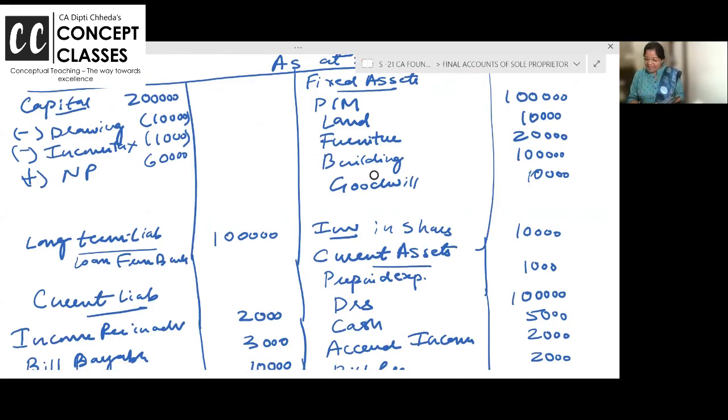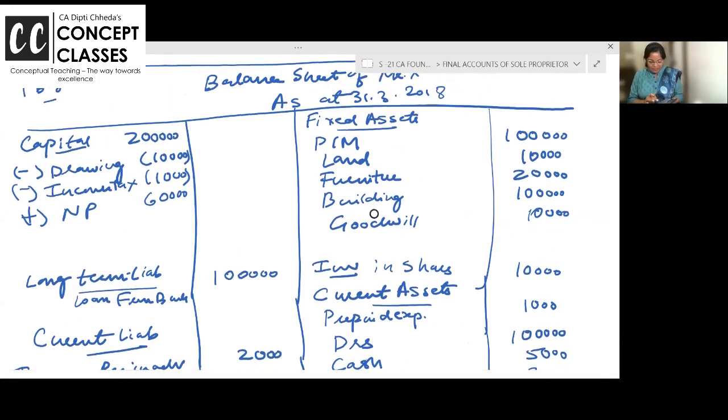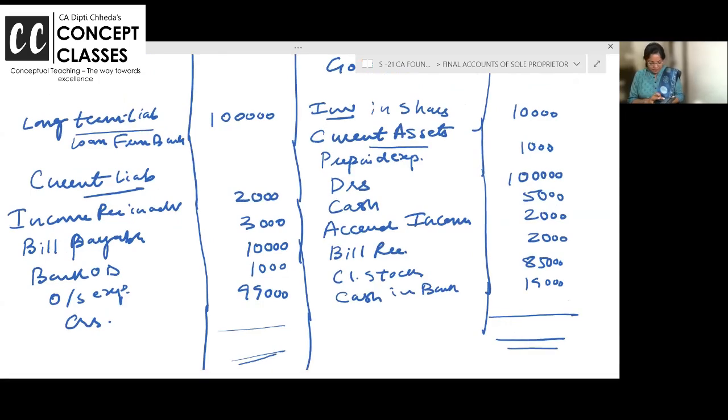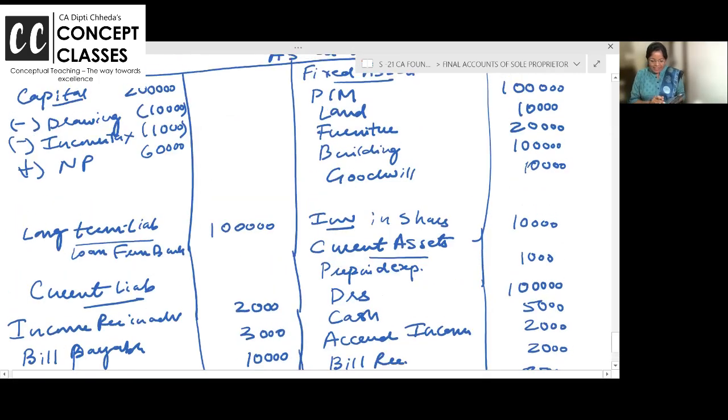You can do it from any side as you wish. ठीक है? Yes. Balance sheet total is 4,64,000.